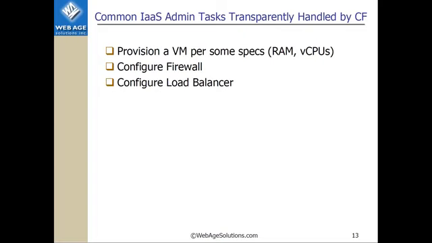Okay, so configuring load balancer. A load balancer is usually some sort of appliance that sits in front of your instances, and it allows you round robin or least recently used or least used node, whatever kind of policy you would like to apply. And again, this is done transparently. There is no involvement on your part.